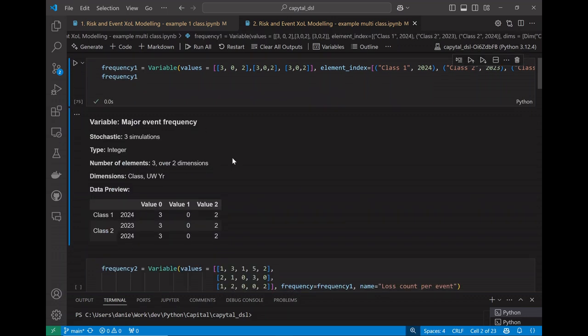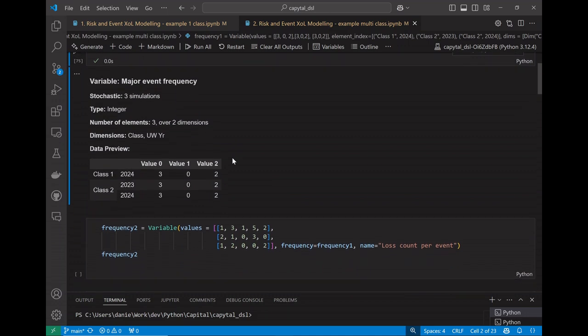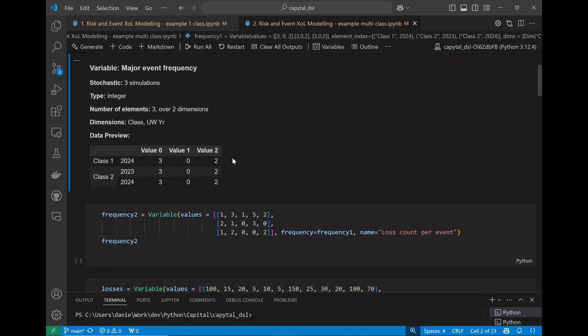So we start with the same idea of having a major event frequency, but now we've got 3 different cohorts of losses. So we've got 2 different classes of business with 1 year of account affected in the first class and 2 years of account affected in the second class.